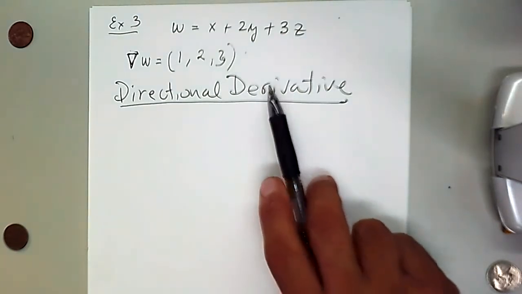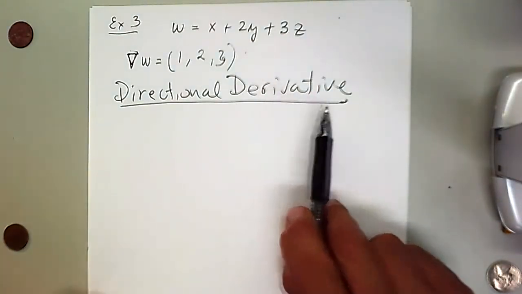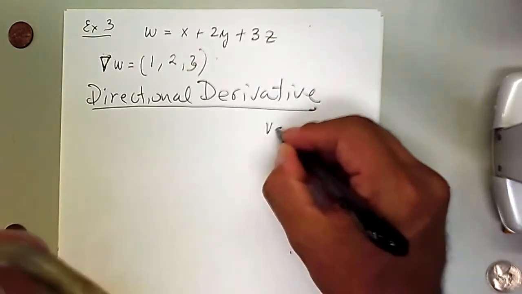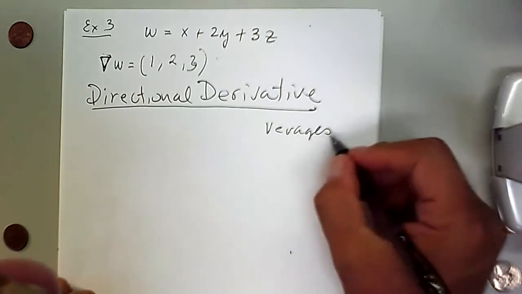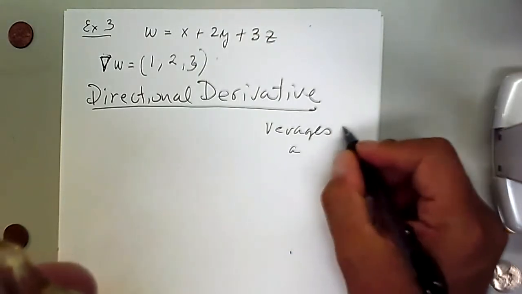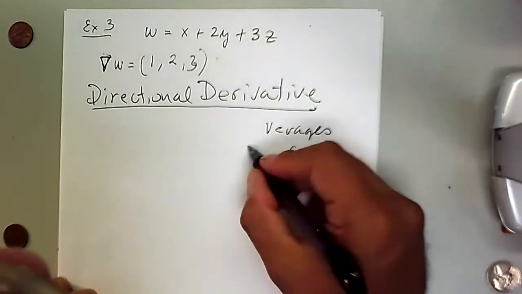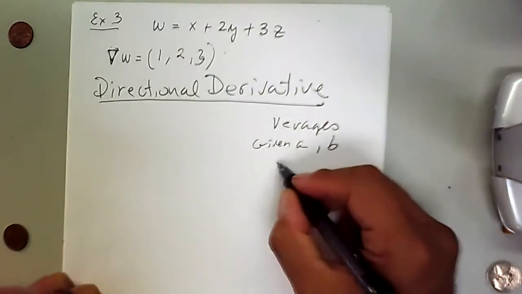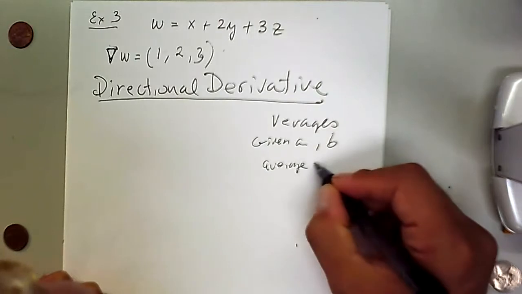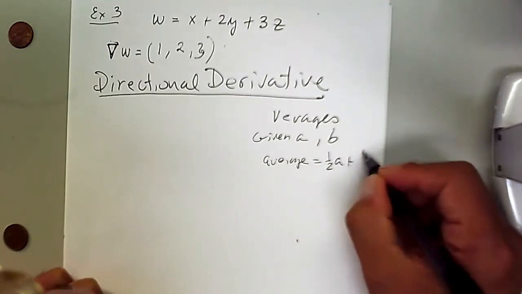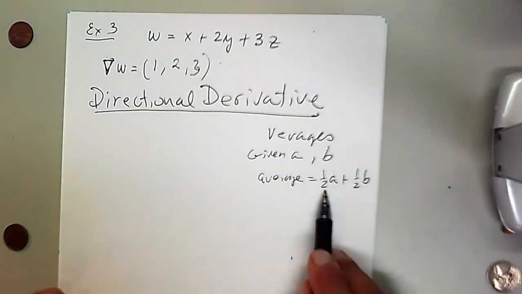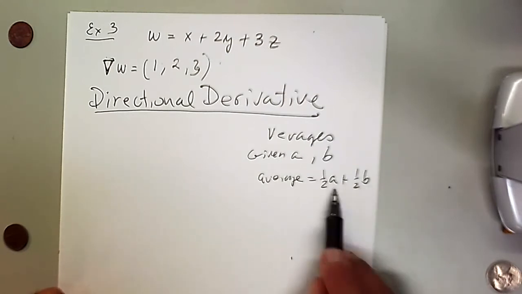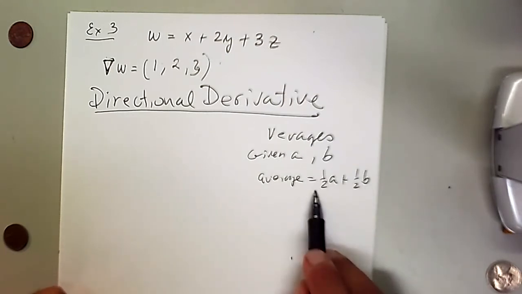Okay, let me talk about averages for a moment. So let's say you have two numbers, A and B. Given A and B, the average, as you know, is half A plus half B. That's the normal average, where we are weighing each one of the inputs, the A and the B, the same.